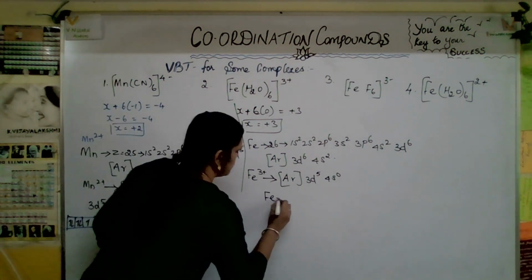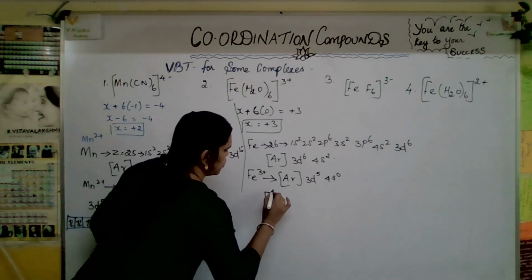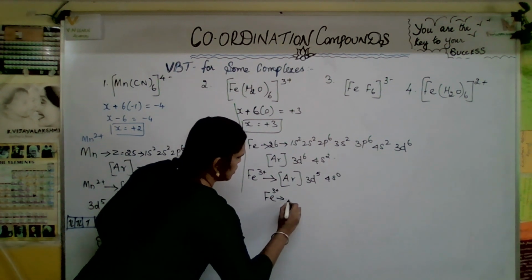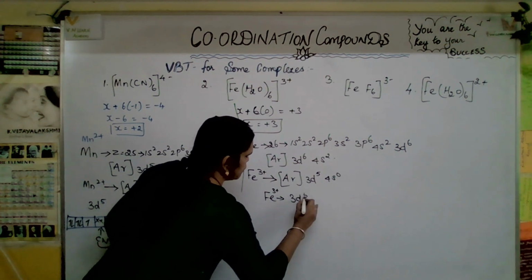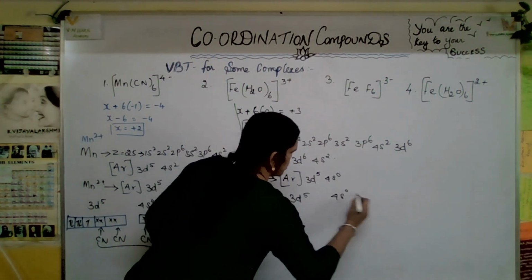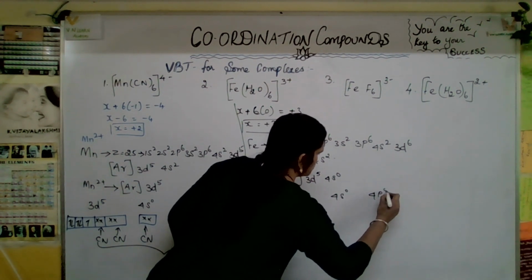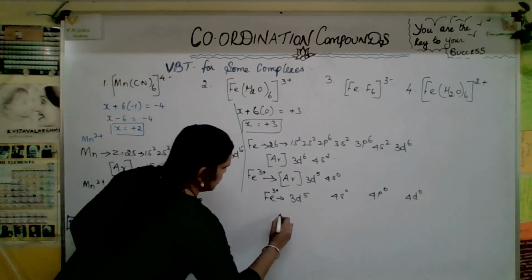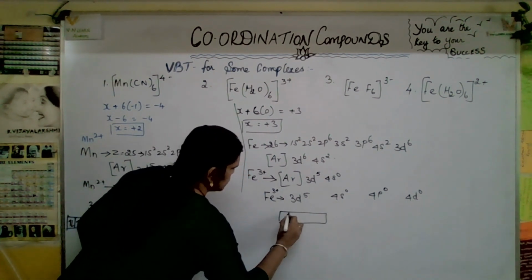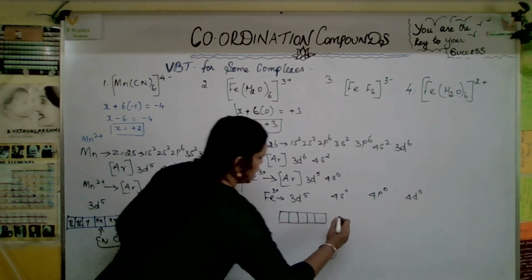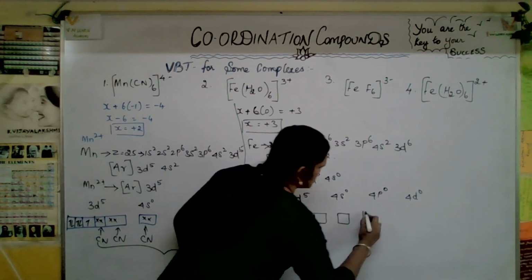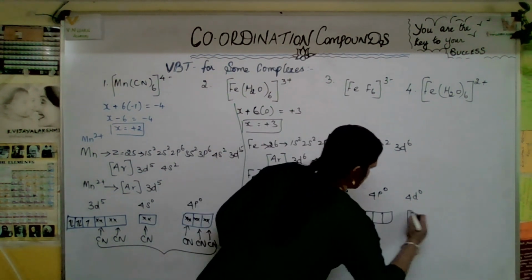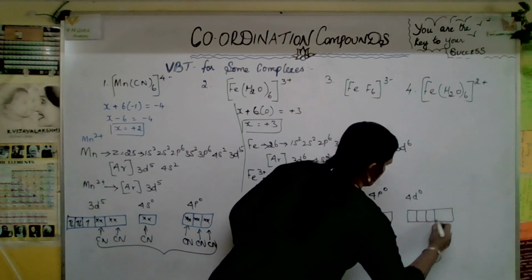So for Fe here, 3 plus only we can draw. So 3d5, 4s0, 4p0, 4d0. Now here 1 2 3 4 5, and this is 1 and this is 3 and this is 5.